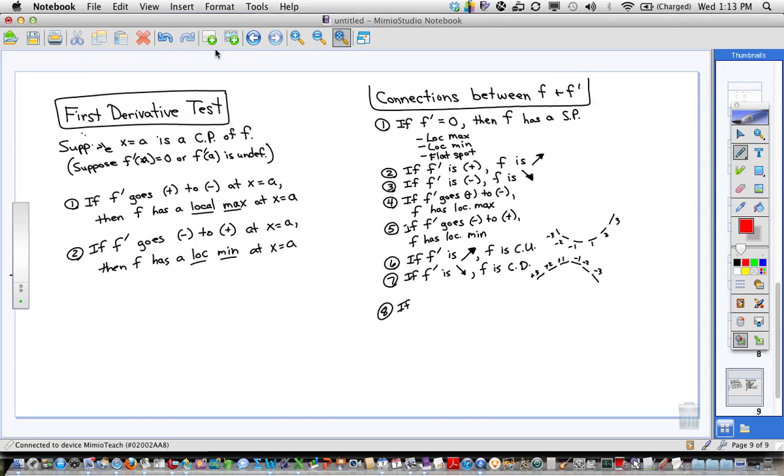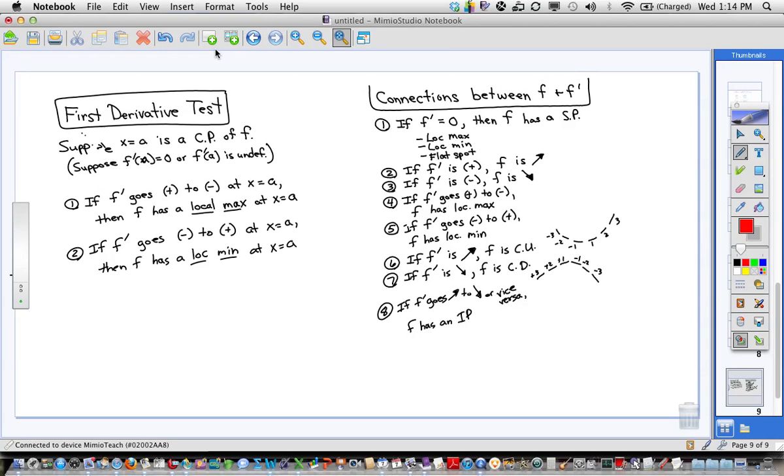An inflection point, because if these two change, then these two change, meaning concave up to concave down. And for an inflection point, it doesn't matter which way it changes, right? So we can put in a vice versa and just write this once. So if f prime goes increasing to decreasing, or vice versa, f has an inflection point, because f changes concavity.